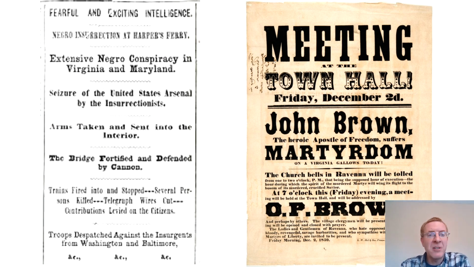And so, fear-mongering, paranoia, that's what happens throughout the South as a result of John Brown's raid. You end up having more arsenals and armories built by the individual state governments scattered throughout their states to prepare for the next insurrection, whenever and wherever that will be.